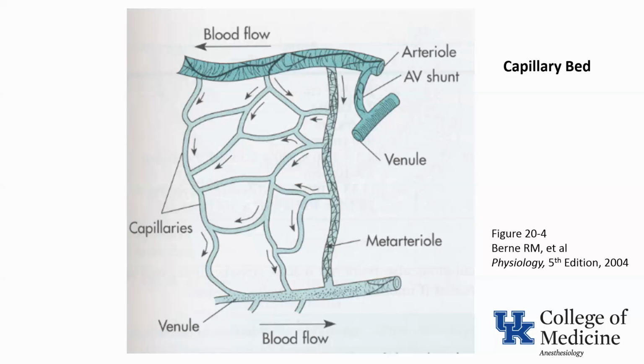This is a diagram of the microcirculation going from the arterioles to the venules. Note this very complex interrelated system of capillaries in the tissues.